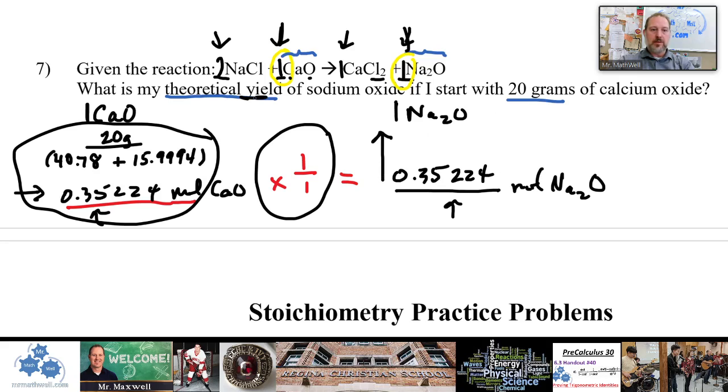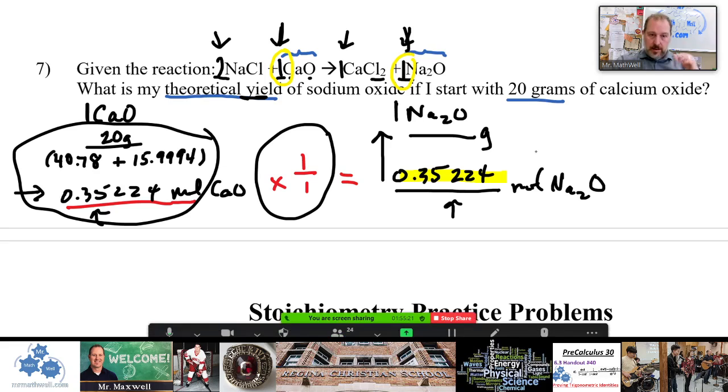So what is my theoretical yield? They're assuming that you're going to give the yield in grams, especially if the original reactant was in grams. So the yield should be in grams. All right, so how do I do that? Well, I take this number of moles right here, and I multiply by the grams per mole of Na2O. So what's that? Well, get on my periodic table.